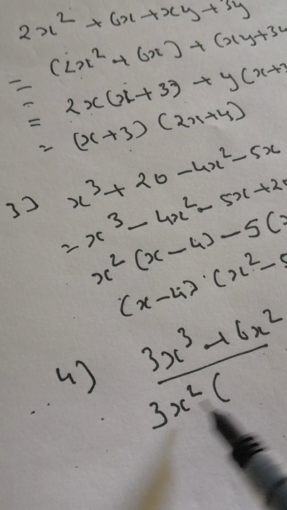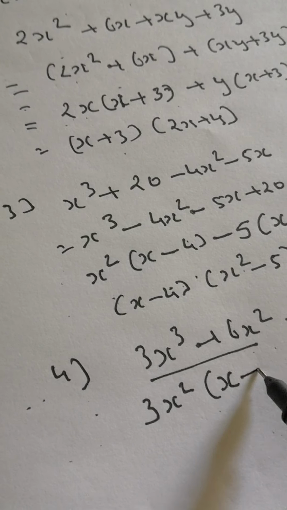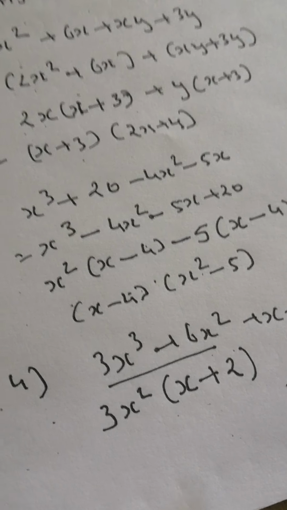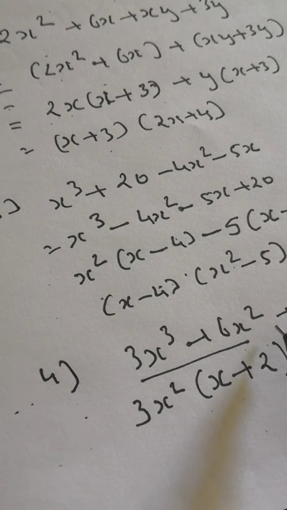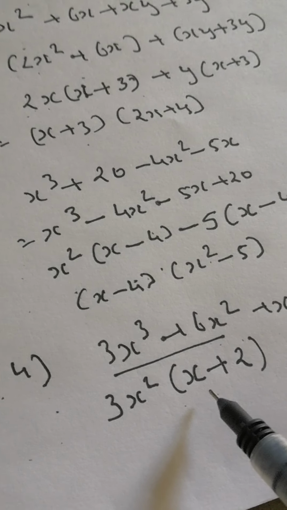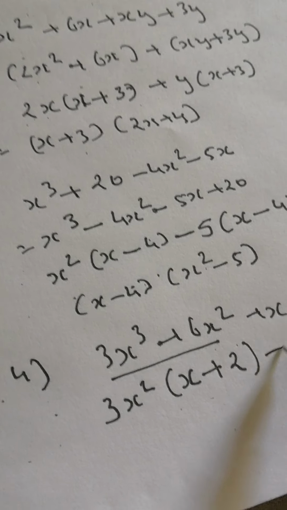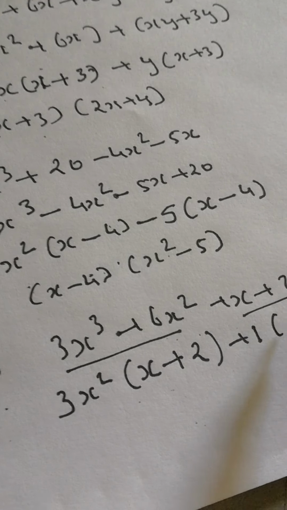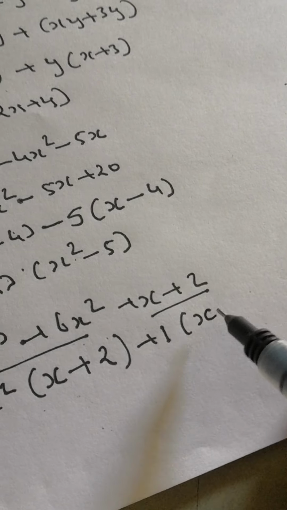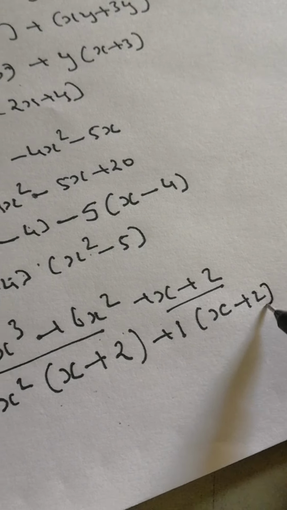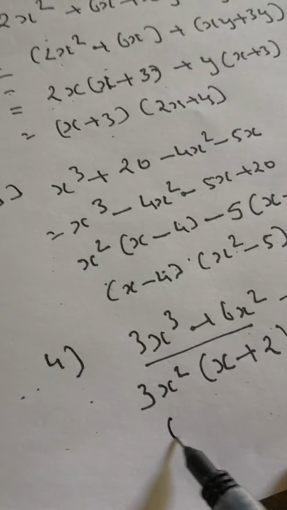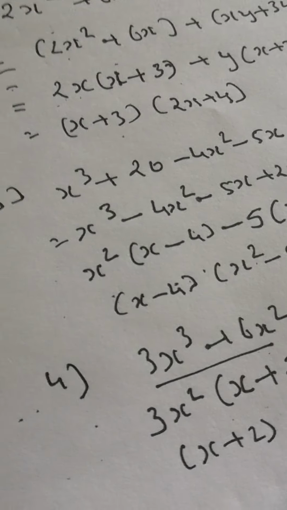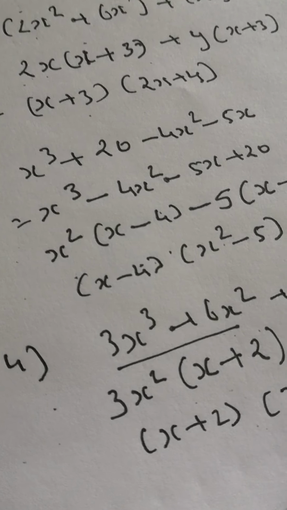Out of x cube, x square is taken as common, so the term left is x. 3 twos are 6, so 2 is left, and the common bracket comes as x plus 2. Here x plus 2 is the expression given, and nothing is common, that means 1 is common, so you write 1 into the bracket x plus 2. Here the common bracket is x plus 2, and the uncommon factor is 3x square plus 1.